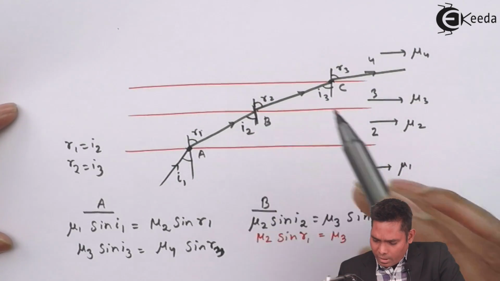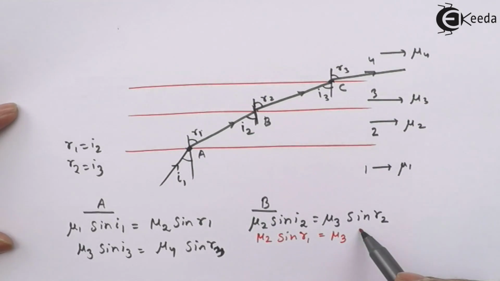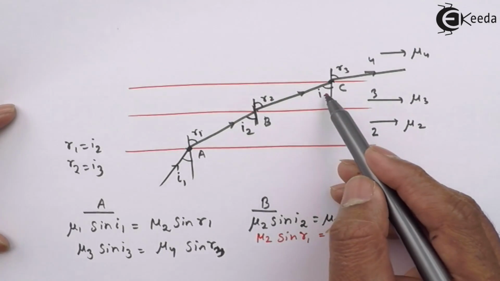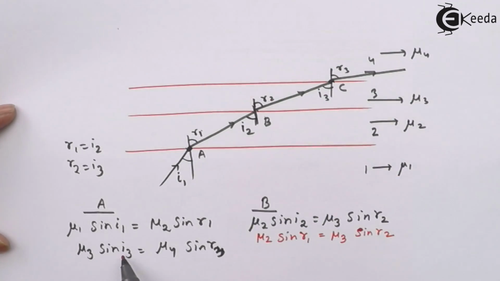Sin of R2 is this angle, so I'll keep it like that. Here R2 and I3 are equal, so in place of I3 I'll write R2, so this is mu3 sin of R2 equals mu4 sin of R3.